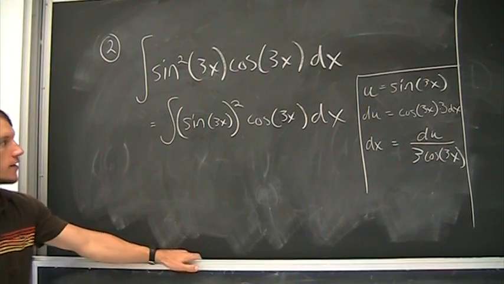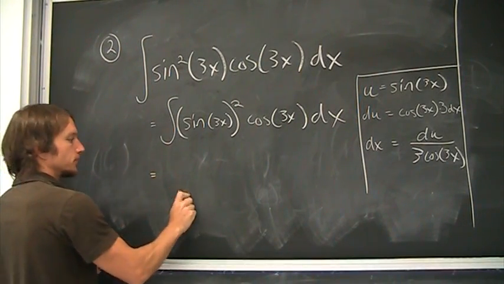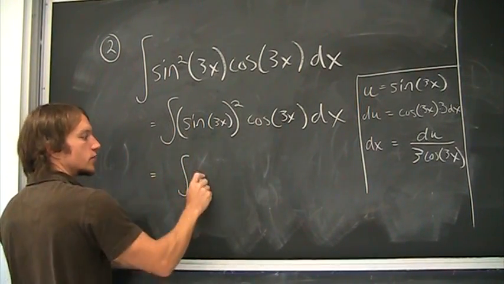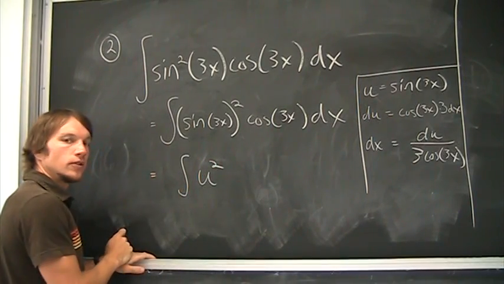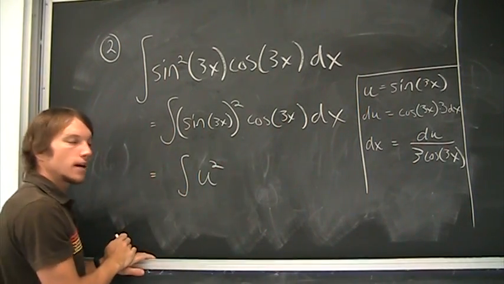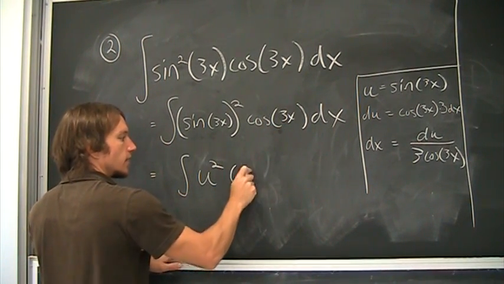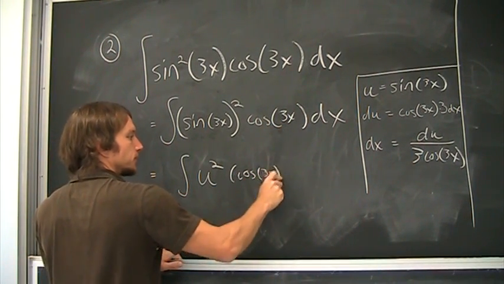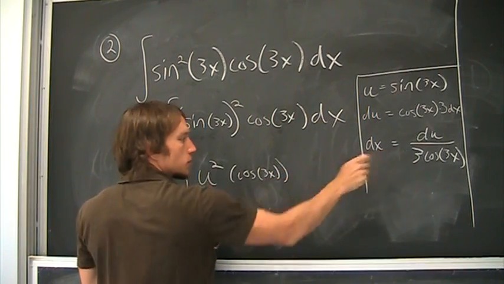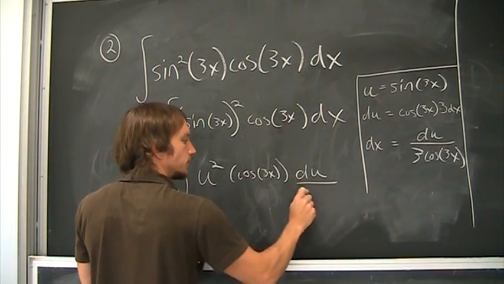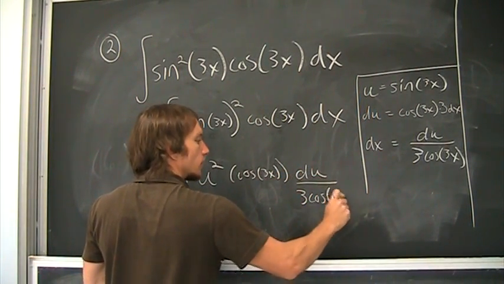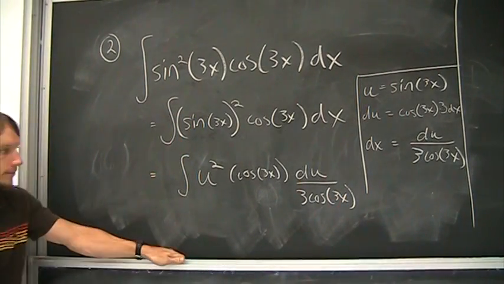Use that to substitute. Sine 3x squared is just u squared, right? Because we let u be sine 3x. And now, times cosine 3x, that guy's still there. Dx, which we know is du over 3 cosine 3x.